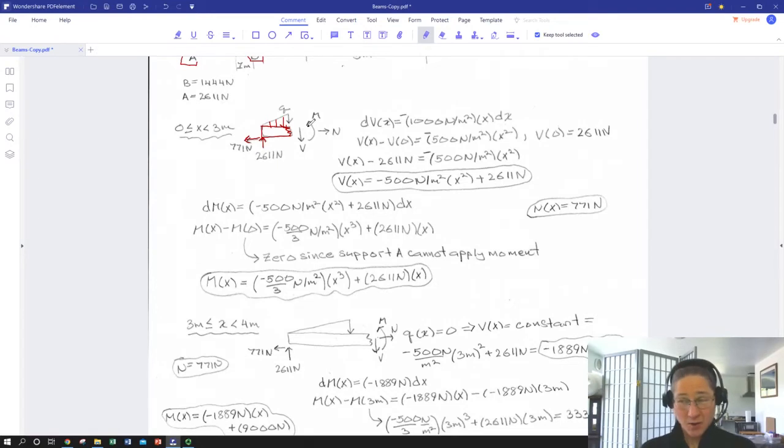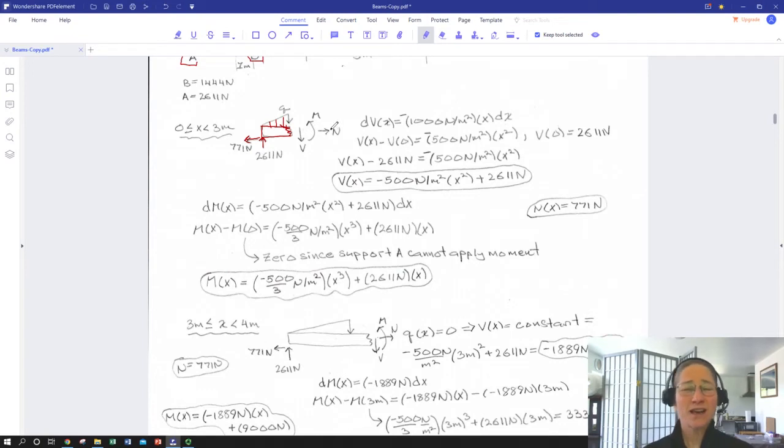So the part of the beam we cut off, of course, is giving us a shear force downward of V and a bending moment in the counterclockwise direction of M, and then it's giving us a horizontal force normal to our cut edge of N.